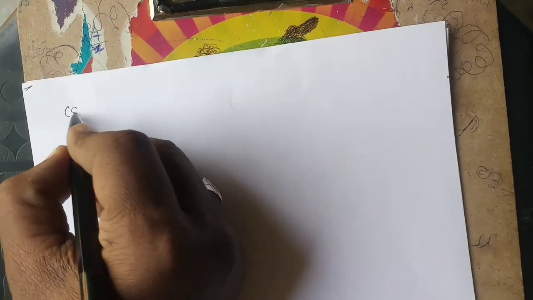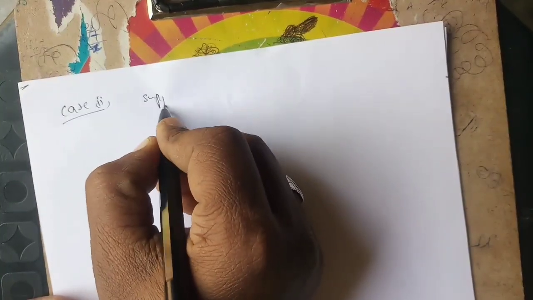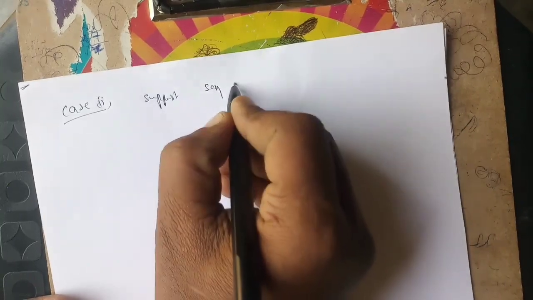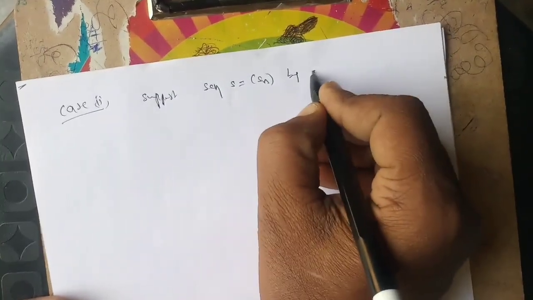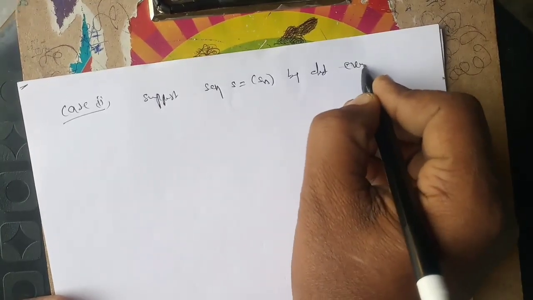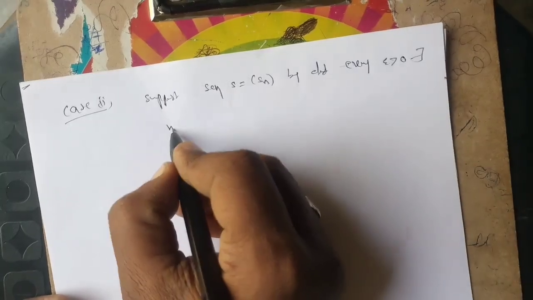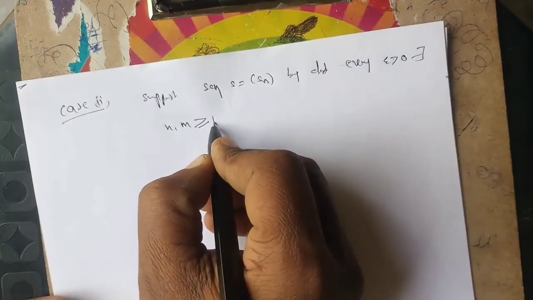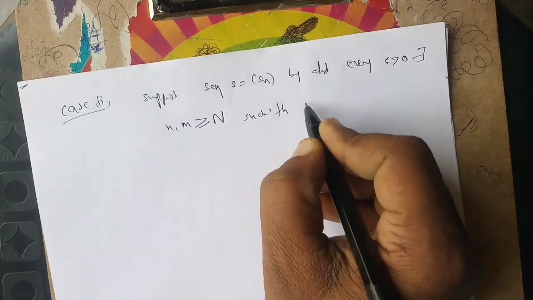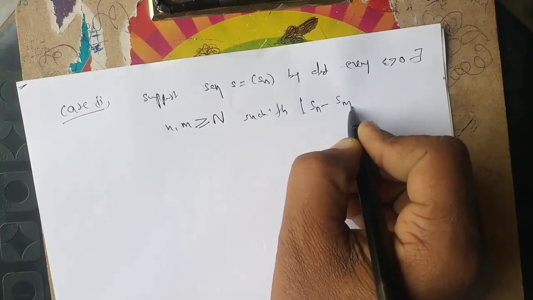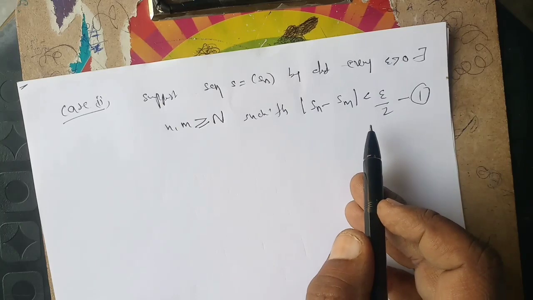So this time, case 2, what we take: suppose sequence Sn. By definition, for every epsilon greater than 0, there exists N such that for n greater than m, mod Sn minus Sm is less than epsilon by 2. This is the Cauchy sequence.